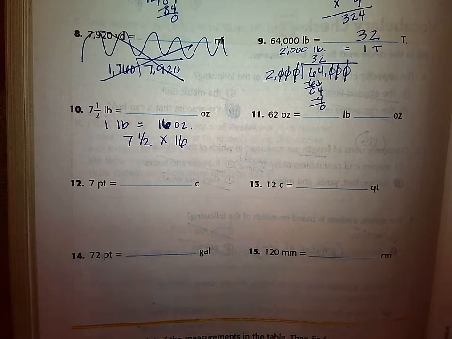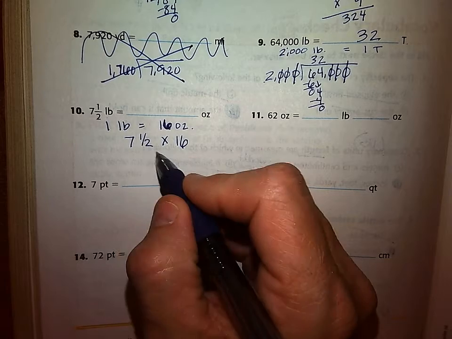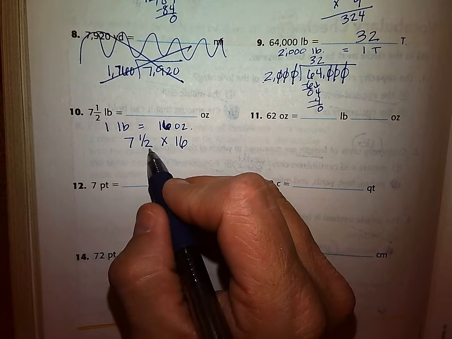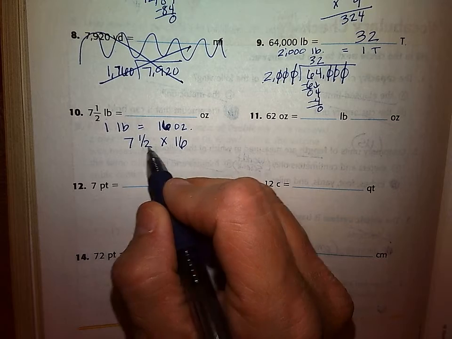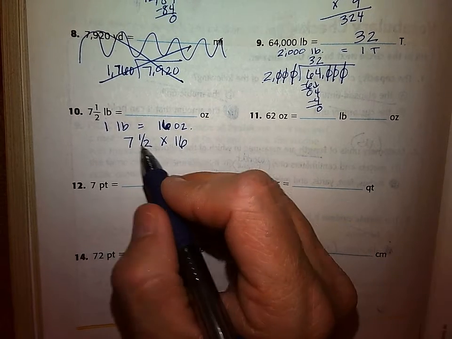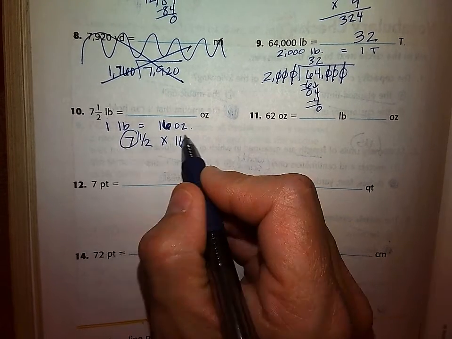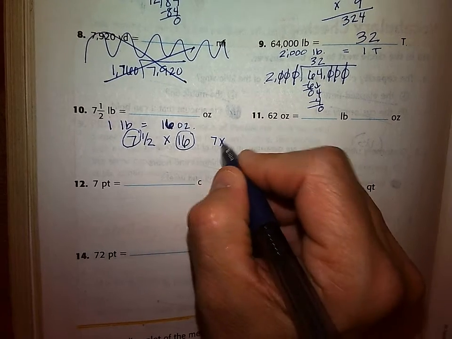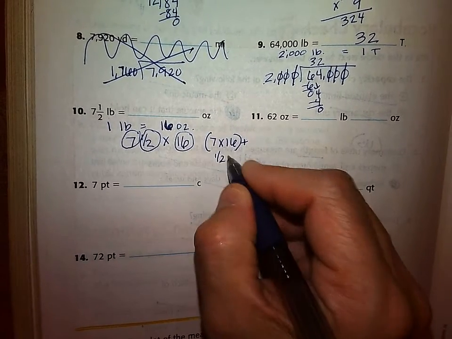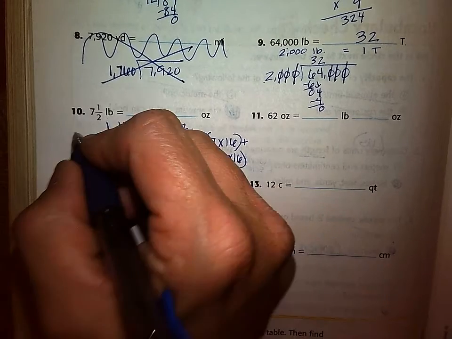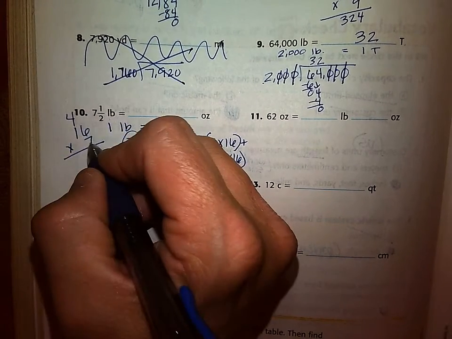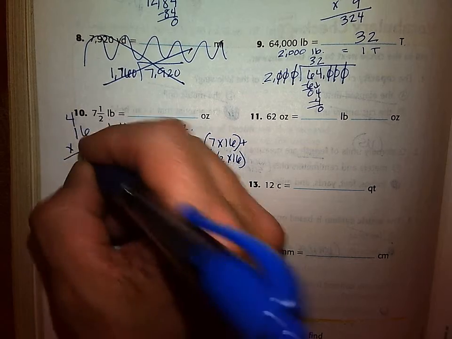There's a couple ways we can do that. We can do partial products. We can change it to a decimal of 7.5. We can change it to a mixed number to an improper fraction. There's so many ways we can do it. I'm going to do partial products. So I'm going to do 7 times 16 plus 1/2 times 16. 7 times 16, I'm going to do right here. 7 times 1 is 7, plus 4 is 11.